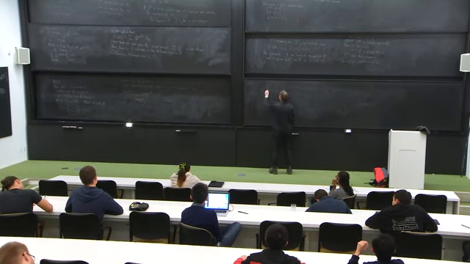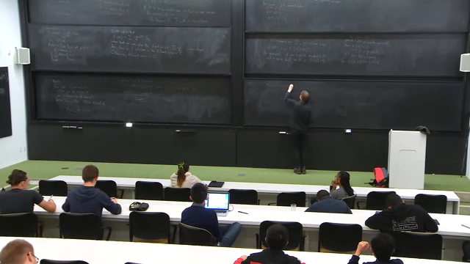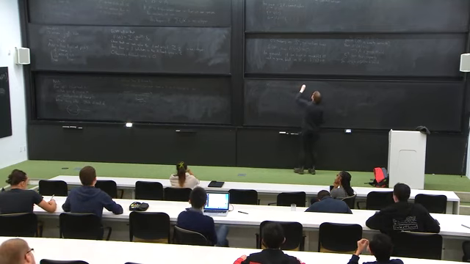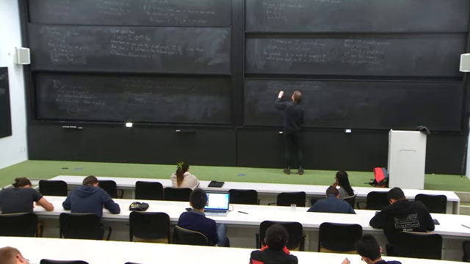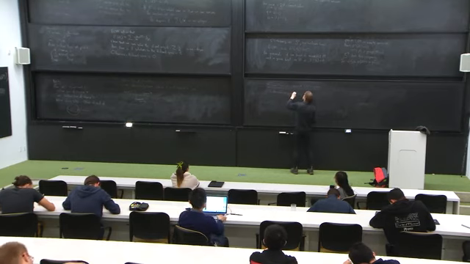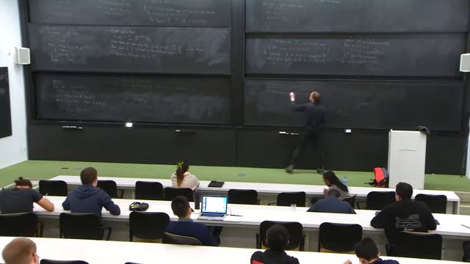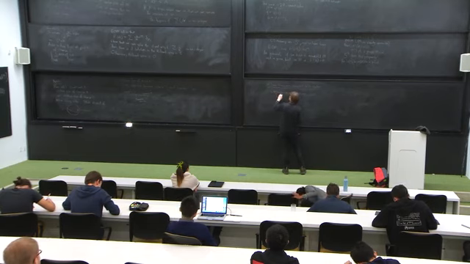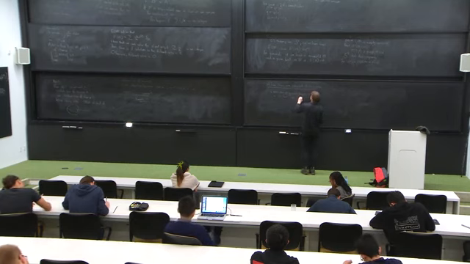But to understand what's going on, I want to explain why Wilson lines are coupled to quantum mechanical systems. So consider a gauge theory with a Wilson line, say fundamental for SU(N).